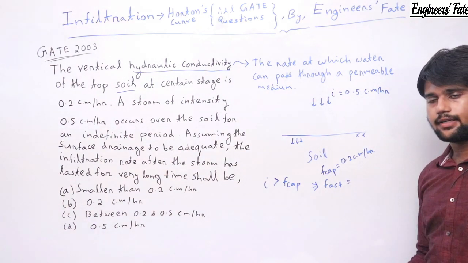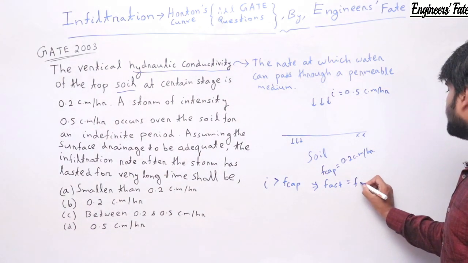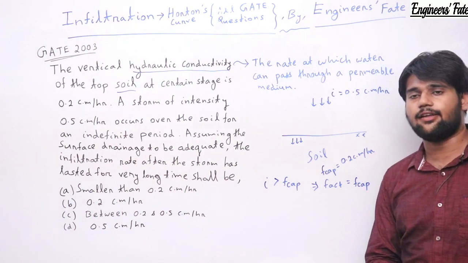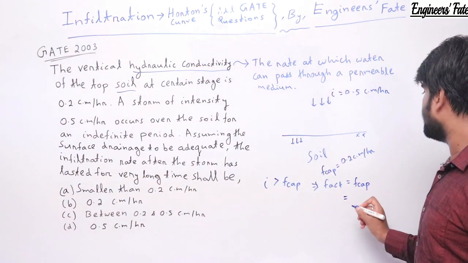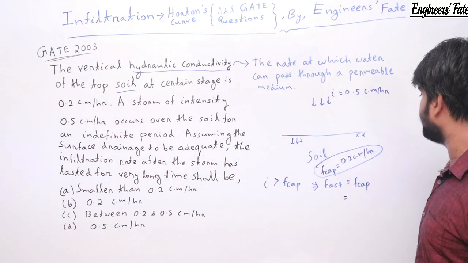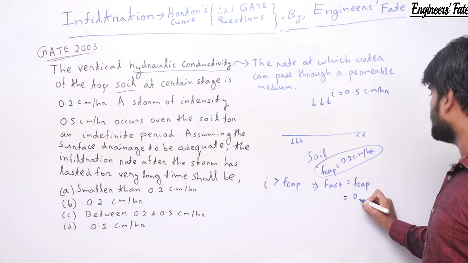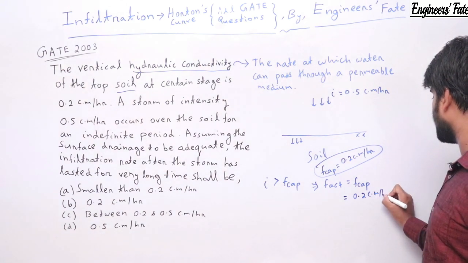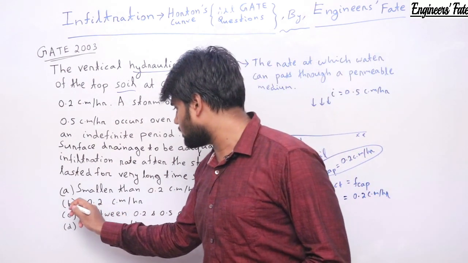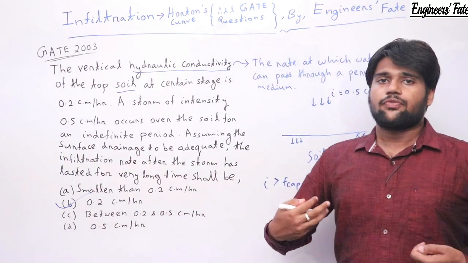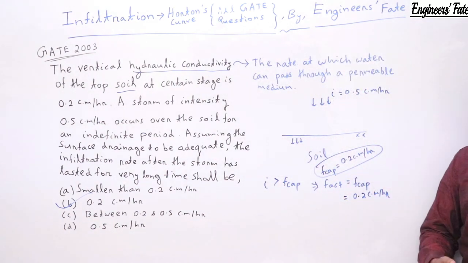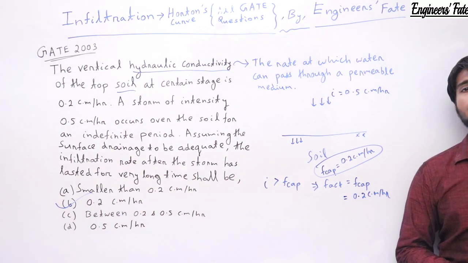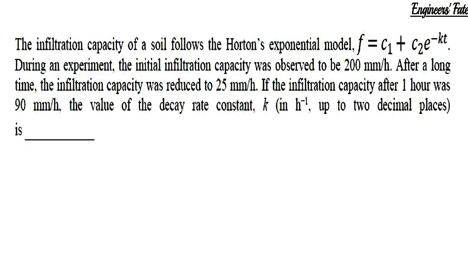The actual infiltration rate will be equal to the infiltration capacity of the soil. So here the F capacity is given as 0.2 cm per hour. So my actual infiltration will be 0.2 cm per hour. So the correct option is option B. So please note down, and after noting down, please solve the GATE 17 1 mark question.